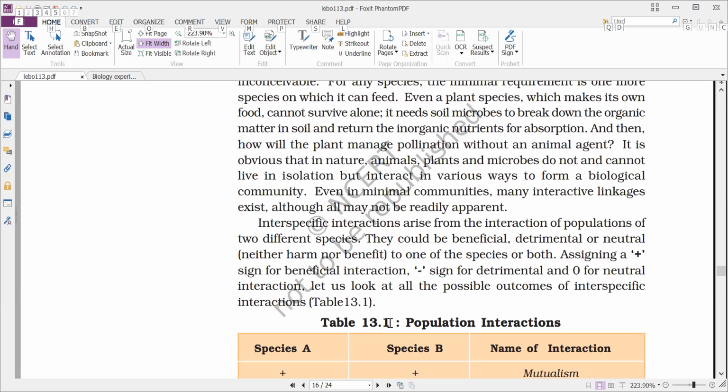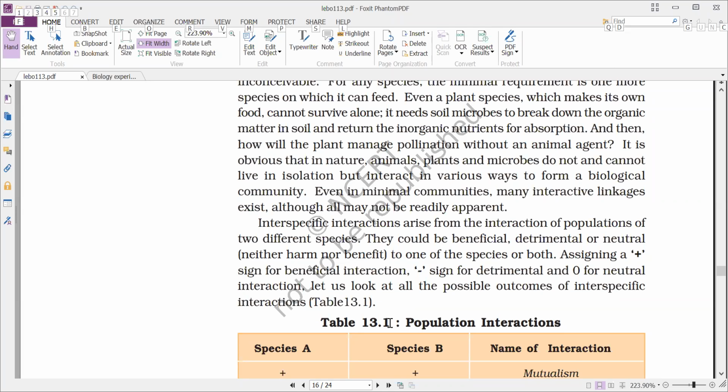So they could be beneficial to both partners, or beneficial to only one partner, or neutral to one of the species or both.